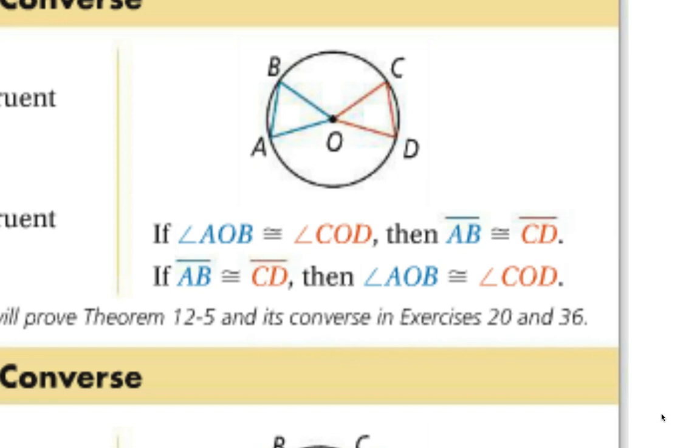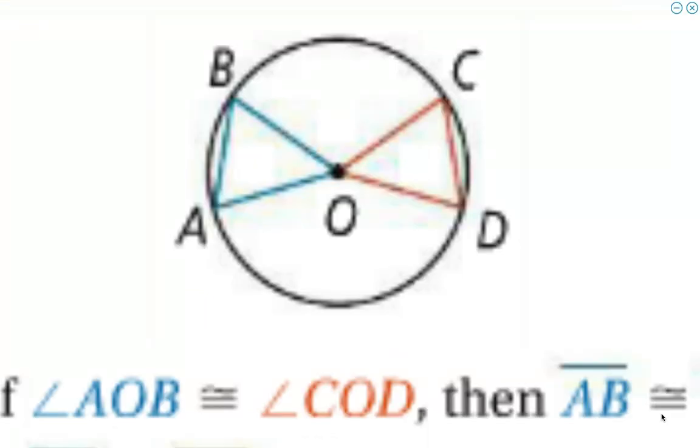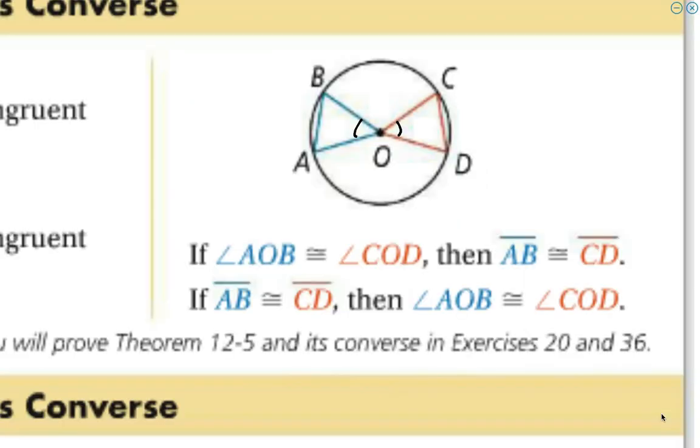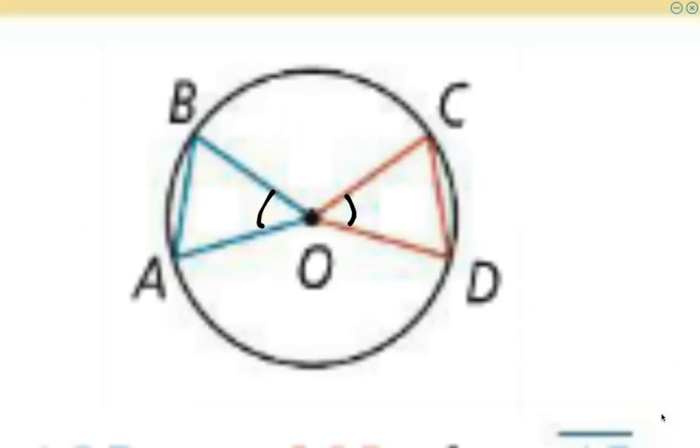So if angle AOB and angle COD are congruent, then AB is congruent to CD. We already know that these are congruent. They are all radii.